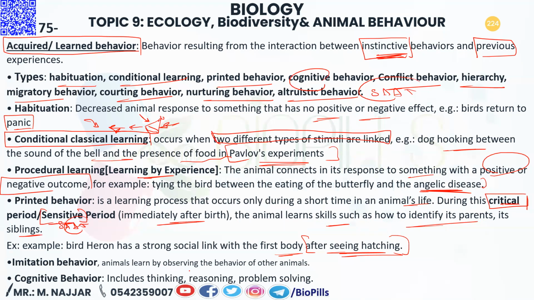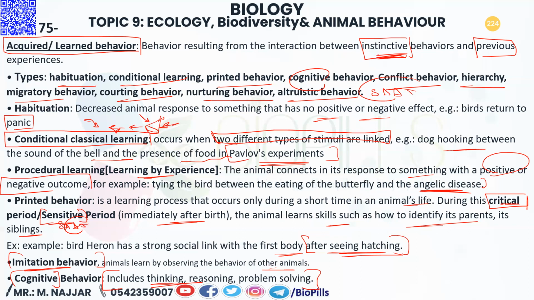Imitation: animals learn by observing the behavior of other animals. Parrot, for example. Cognitive is very important; it came in about 3 questions in the exam. It includes thinking, reasoning, and problem solving. For example, some aquatic birds that feed on the fleshy mollusks found inside the snail take the snail, rise up, and drop it on the rock in order to break it and eat what is inside.